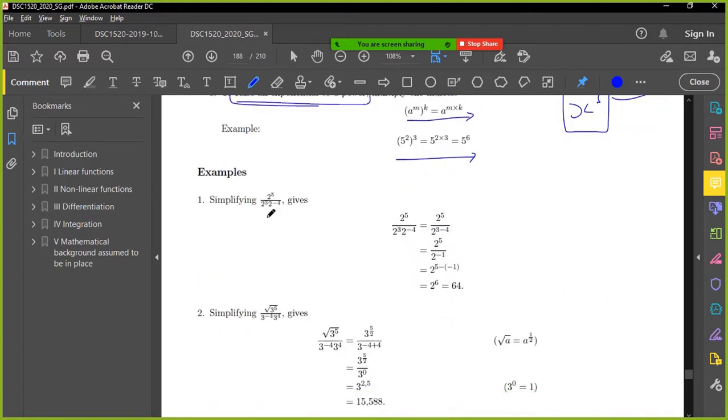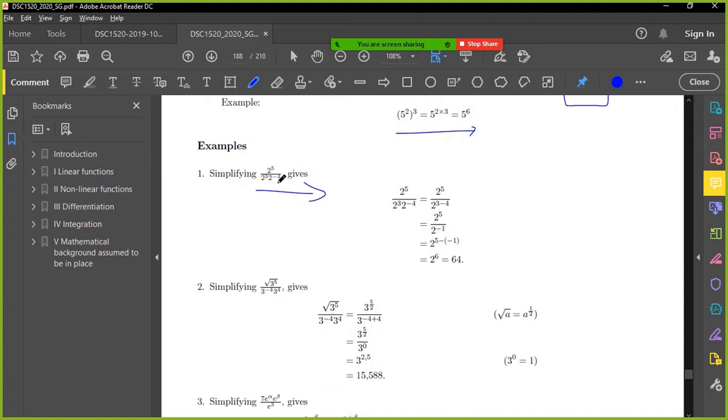Have a look at this. Here, Eunice is giving you some practice examples: 2 to the 5 over 2 to the 3 and 2 to the minus 4. So that's how they've done it. You could have done it this way. What could you do?